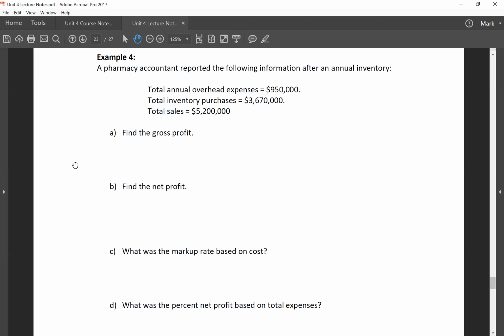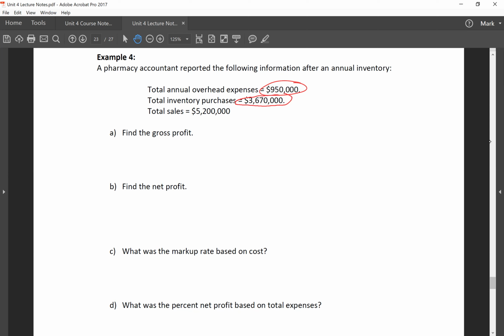Okay, so try number 4. Find the gross profit, the net profit. This is a pharmacy accountant. He or she reported the following information. The overhead expenses at this business were $950,000. The total inventory purchases was $3,670,000.